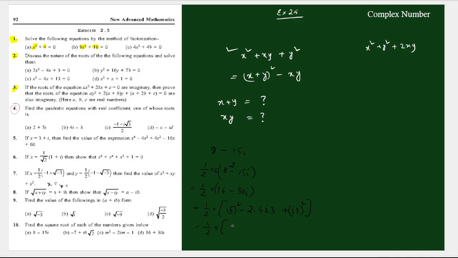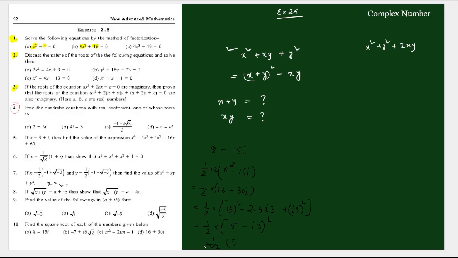So this is nothing but your 5 minus 3i whole square. So the square root we have to find. Therefore the square root will be 1 by root 2, and here we will get plus minus 5 minus 3i. This is your answer.